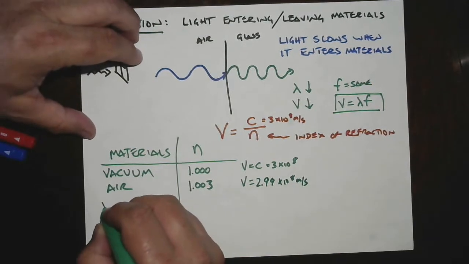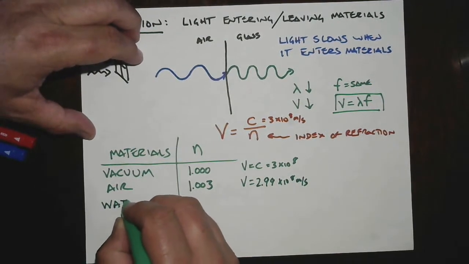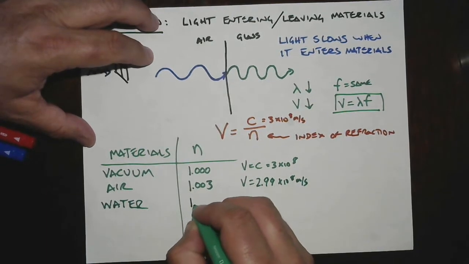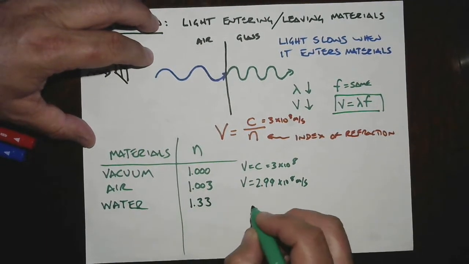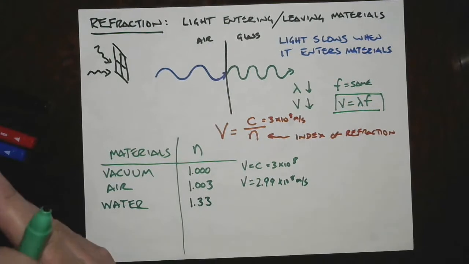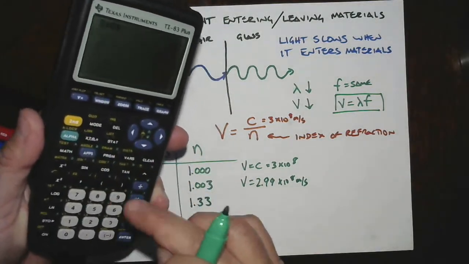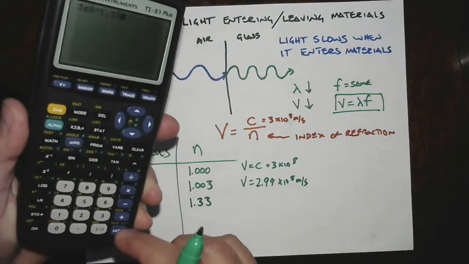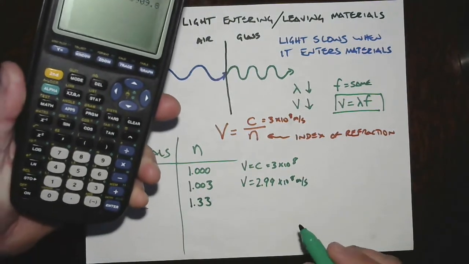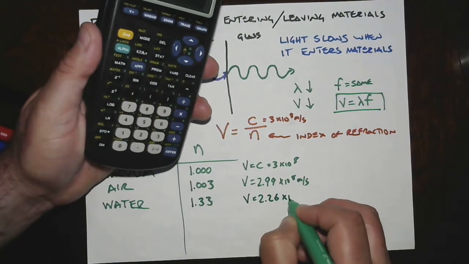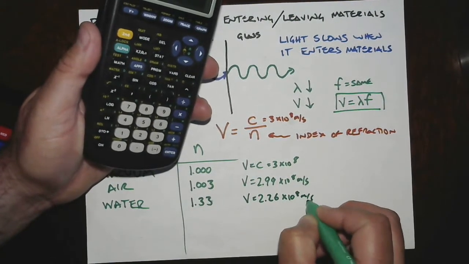Now, another thing that light travels through that we have here on Earth is water, and water has an index of refraction of about 1.33. Now 1.33, that's 33%. So 3 times 10 to the 8 divided by 1.33. We're down to 2.26 times 10 to the 8 meters per second.